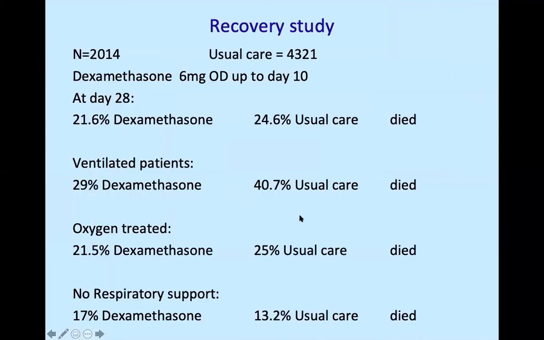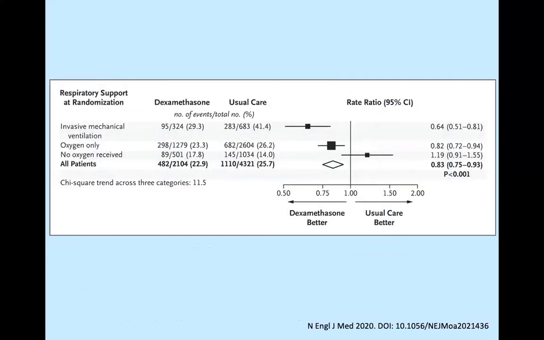So to look at the actual numbers at day 28, a reduction between usual care and dexamethasone of mortality, seen in ventilated patients, in oxygen treated patients, but not in those having no respiratory support. So what we're seeing is that the rate ratio for survival is much, much better for invasive mechanically ventilated patients, for oxygen only patients, but not for those not on oxygen.